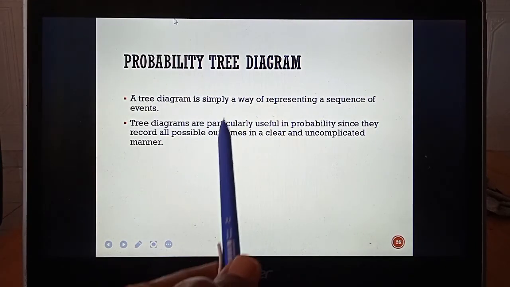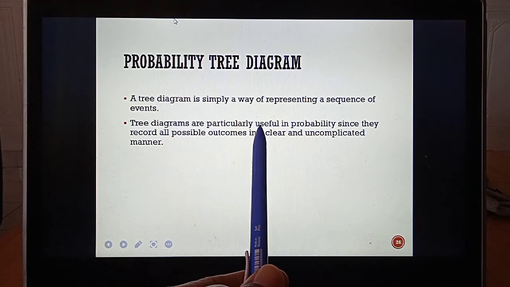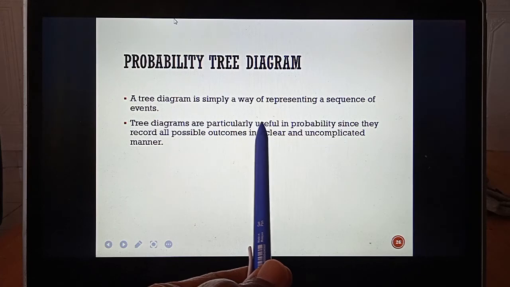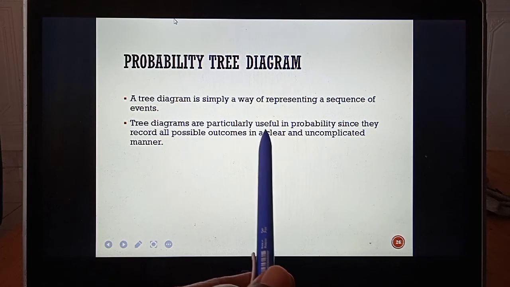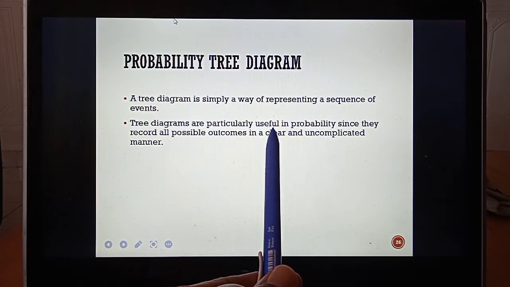Sometimes we want to trace the sequence of events from one session to another session, or one slot of time to another slot of time. So this is quite useful for tracking events.